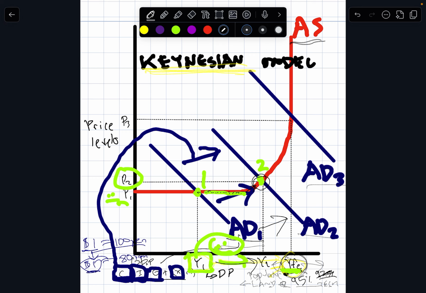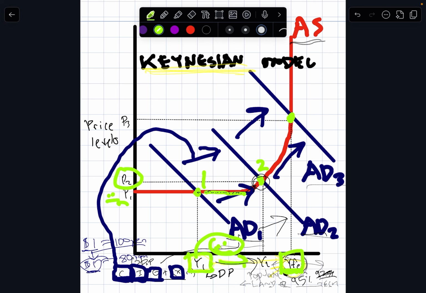And then we get to this point. Now at AD2, we go to, let's say, AD3. So let's say the government continues to make policy that's very business and consumer friendly, at least when it comes to increasing GDP. But now, although we are seeing an increase in GDP, we're now at our fullest capacity.